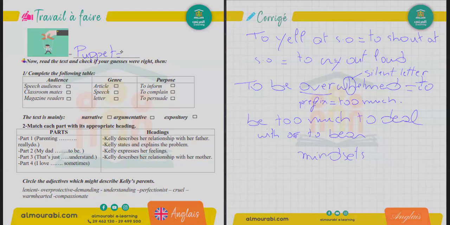What do we mean by puppet in our context? In our context, it's a person whose actions are what? Is she free to do what she wants to? No. So, if she becomes a puppet, what are you doing to her actions?